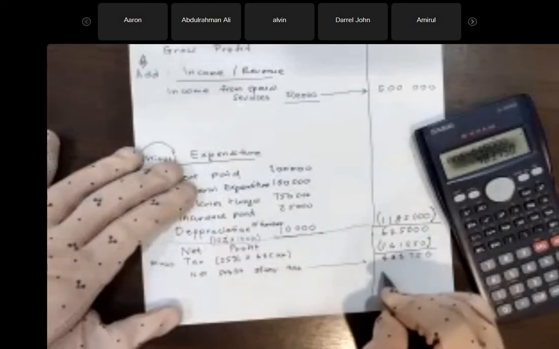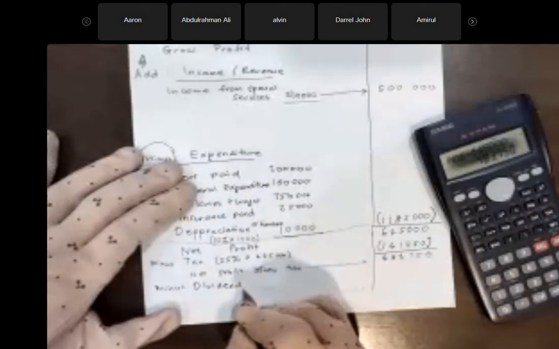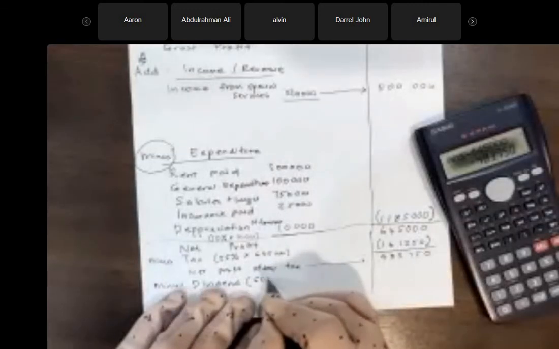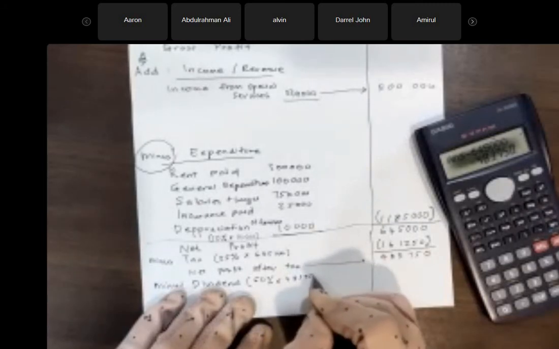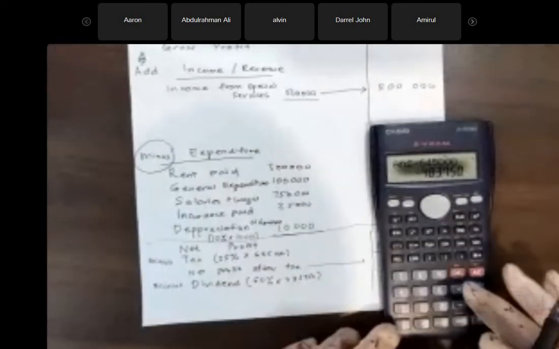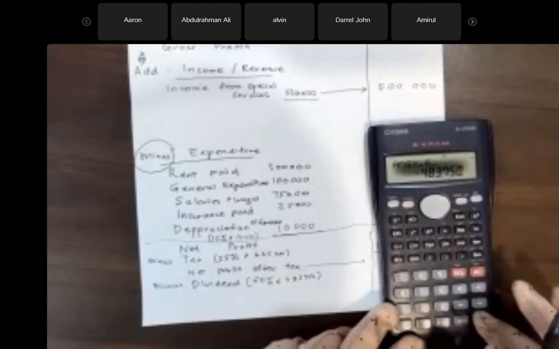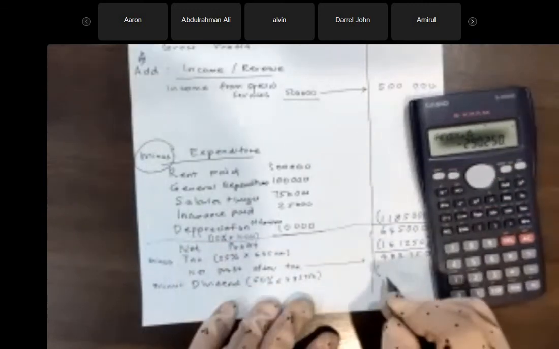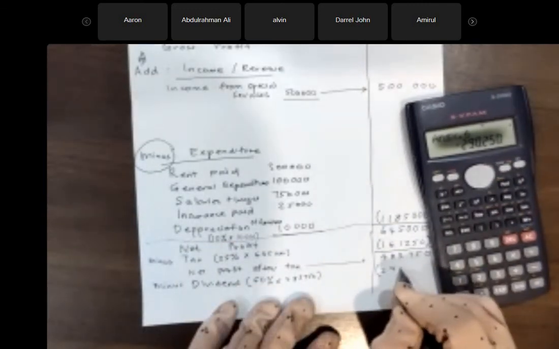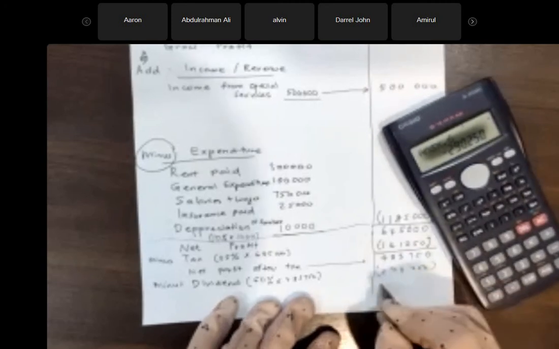Okay, now minus dividend. Okay, this is the last part. Dividend have been agreed 60%. 60% from 483,750 ni. Okay, so 483 ni times 0.6. Okay, it is in the bracket because minus 290,250.